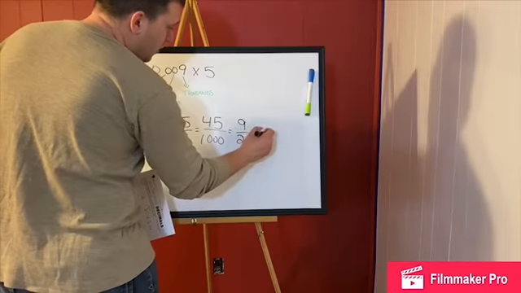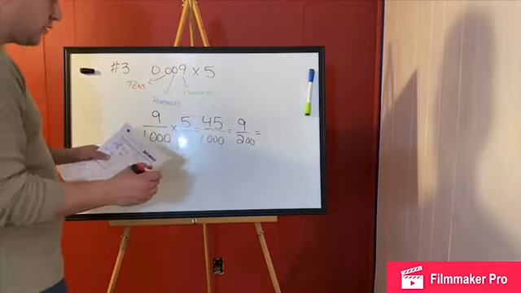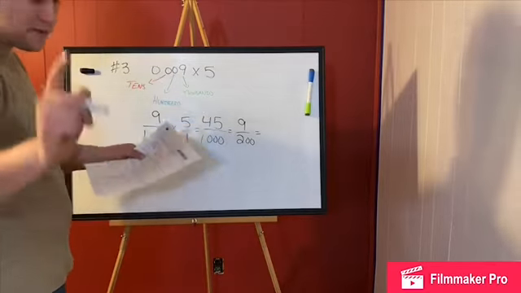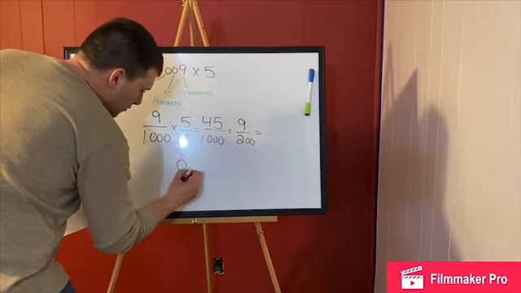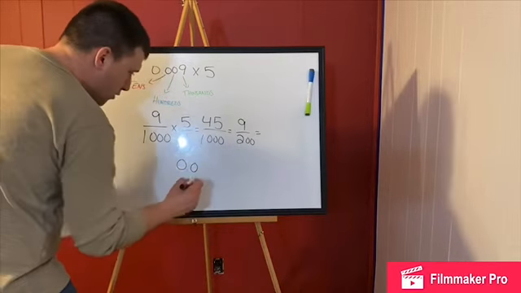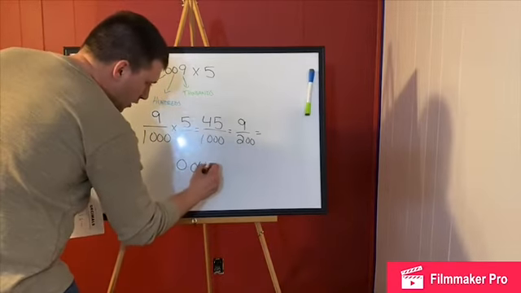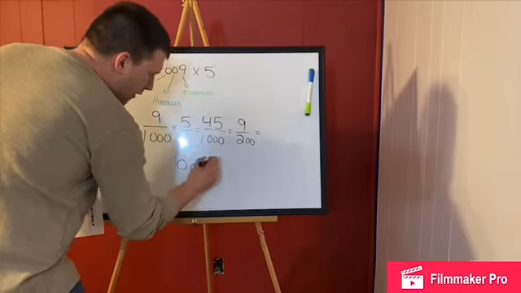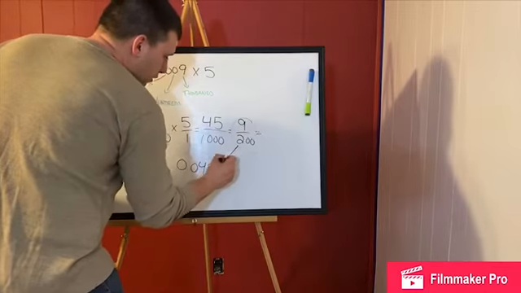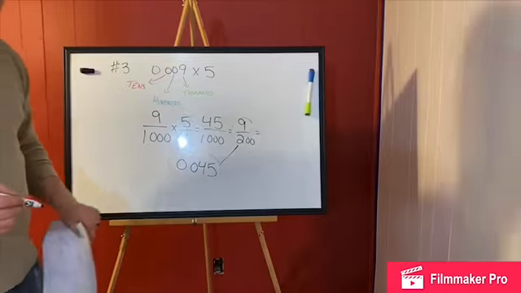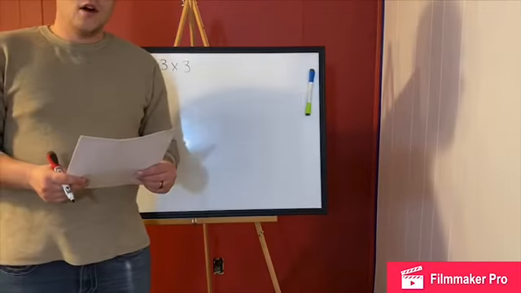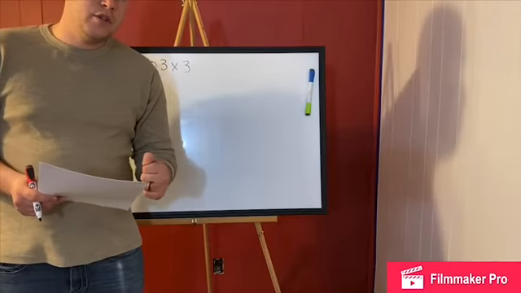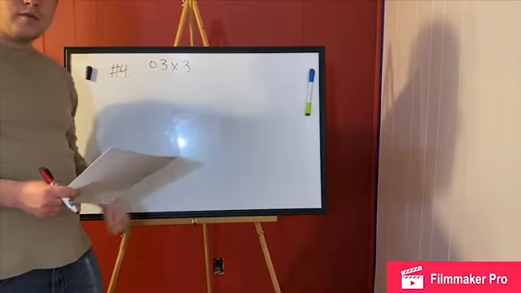And now for the decimal answer. 9 divided by 200 typed into your calculator is 0.045. That and 9 over 200 is your answer for number 3. All right, moving on to the last one that we will be doing together, number 4.